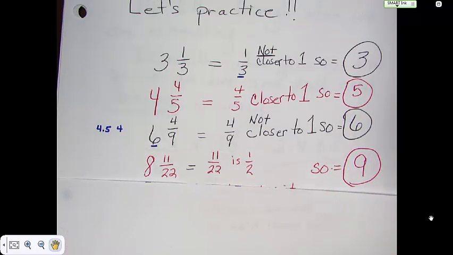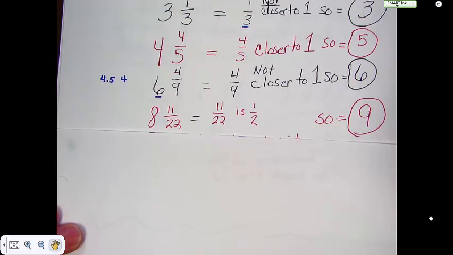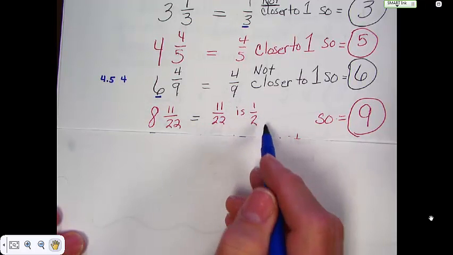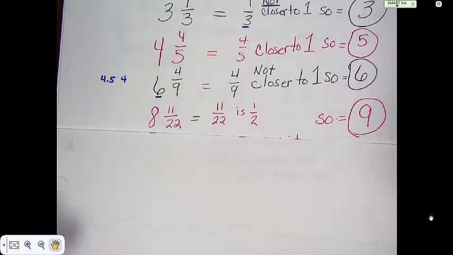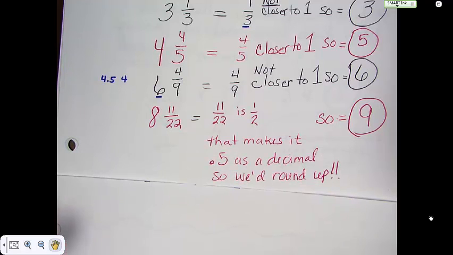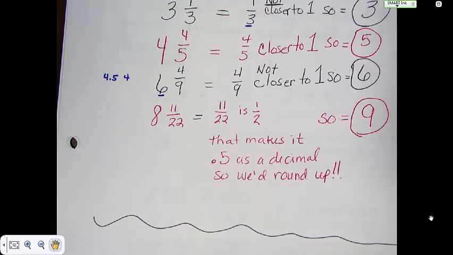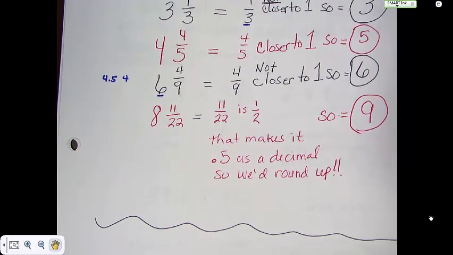Okay? 8 11/22. In this case, you might recognize that 11/22 is 1/2, and that's 0.5, so 0.5 would be 5 or more, so it's going to round up. So instead of staying at 8, it's going to go to 9. And that's kind of a little bit of practice.